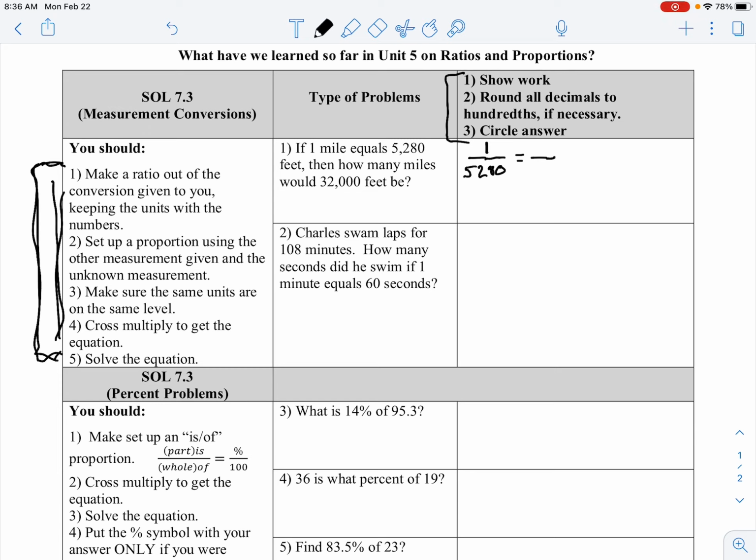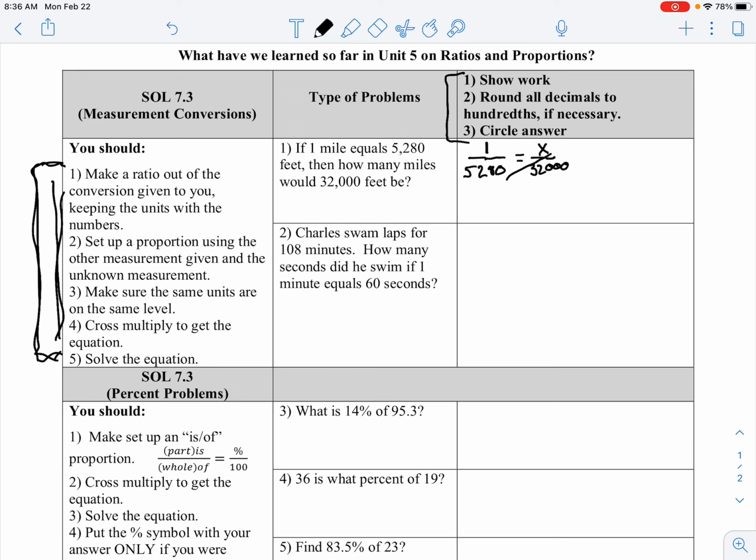We want to know how many miles. That's what we don't know, right? So we're going to use a variable up top. Remember, keep the same units on top and the same units on bottom. So I had a mile on top, so I'm going to put my x miles that I don't know on top. And then feet would be on the bottom for both instances. So we've got 32,000 feet.